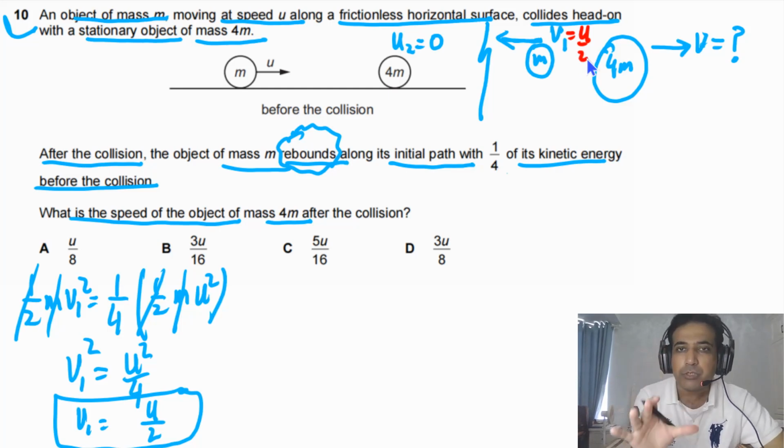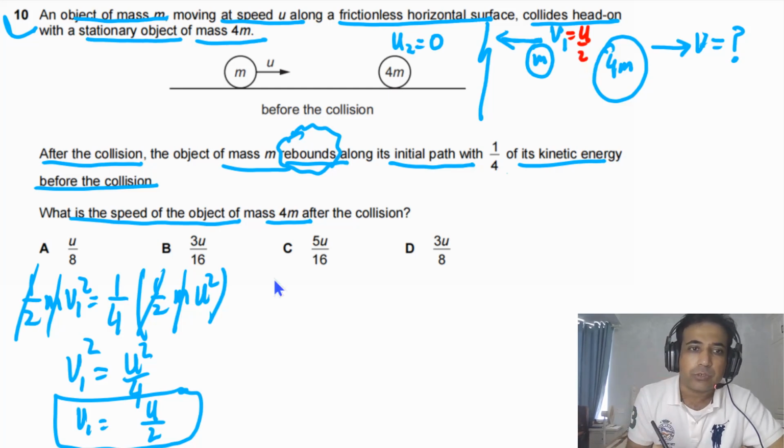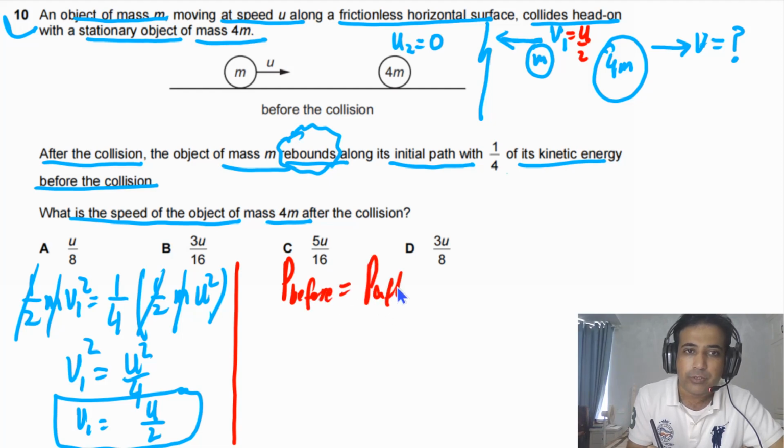Now simply we need to use conservation of momentum. Momentum before has to be equal to momentum after, because in this case there is no net force acting on the system. So by conservation of momentum, we have to take one direction positive, we will be taking to the right as positive.